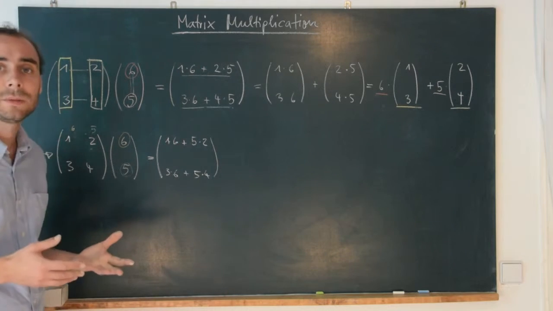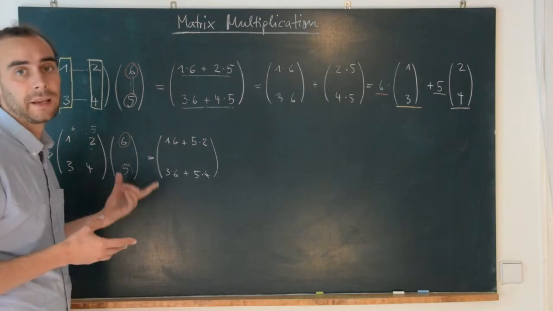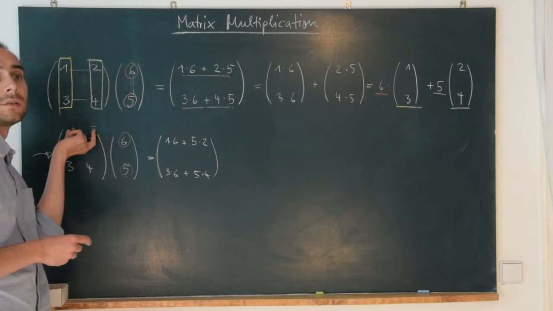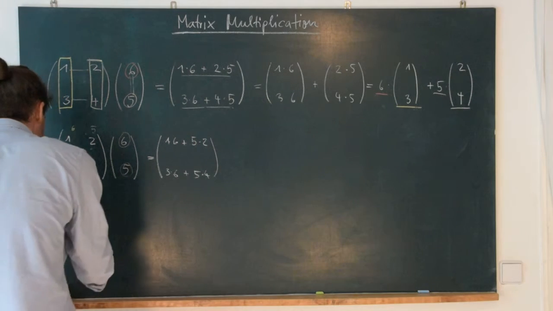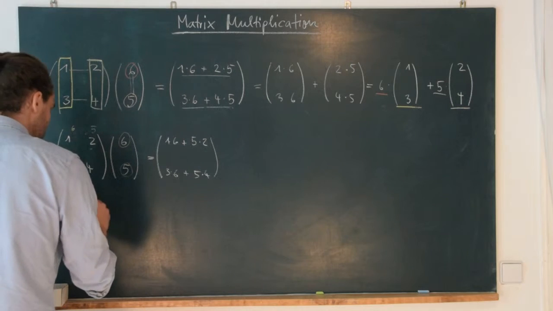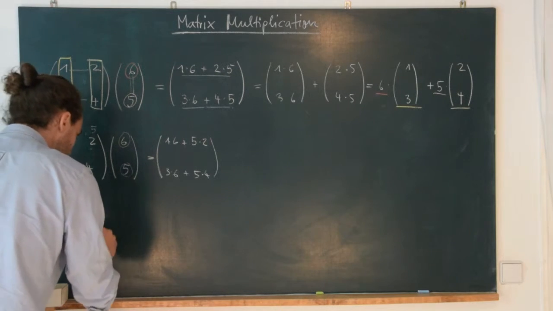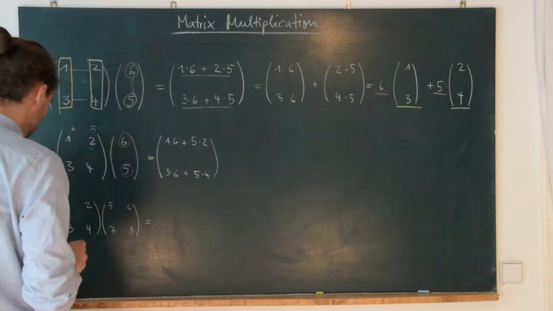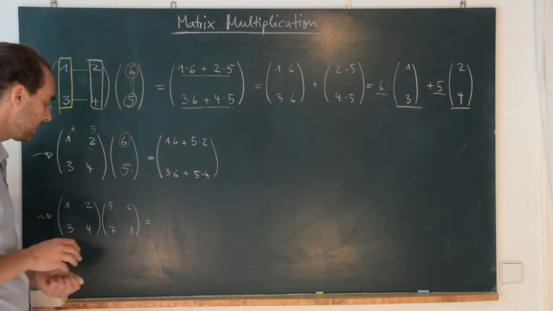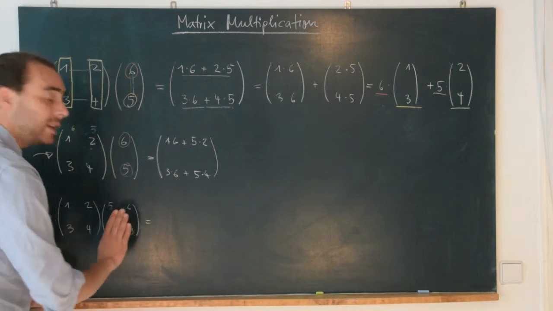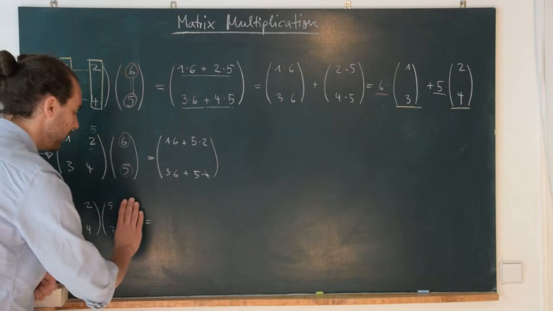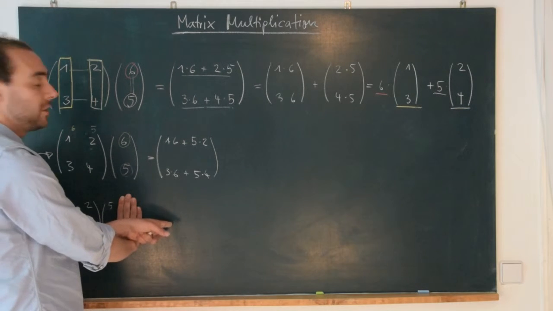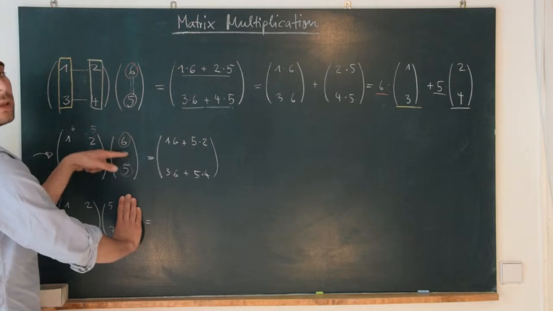And you can also multiply matrices with each other with this method. The only thing you have to do is update the vector you write down here. So I will show you that. Again, we do nothing else than look at each column of the second matrix, and calculate the first or the second column of the new matrix exactly the way we would do it with the matrix and the vector.